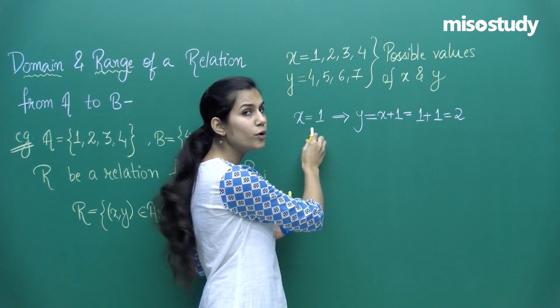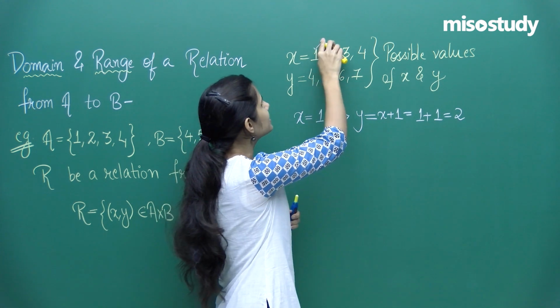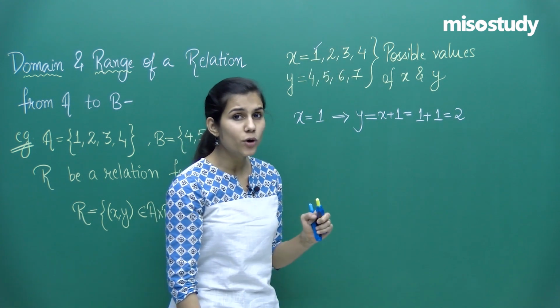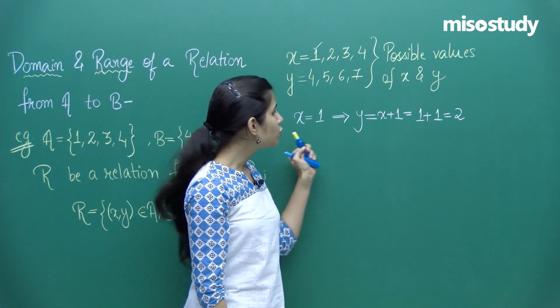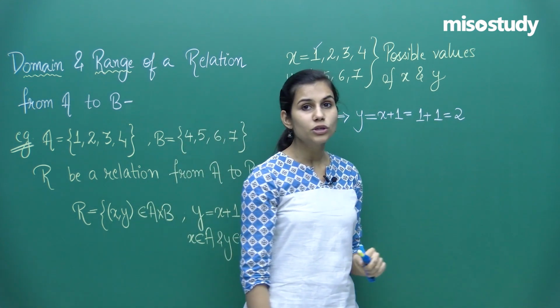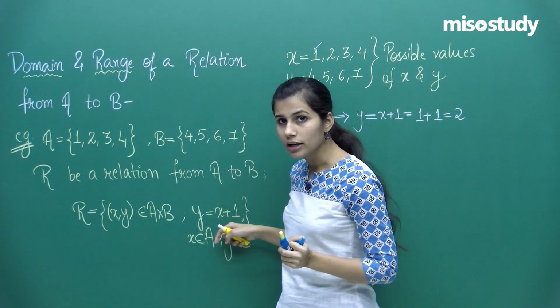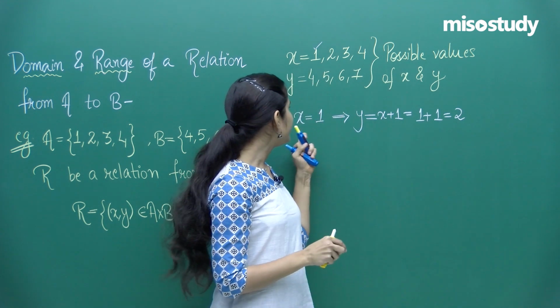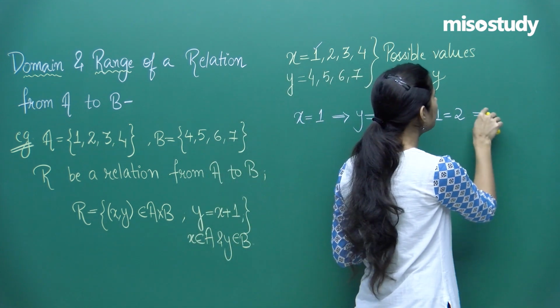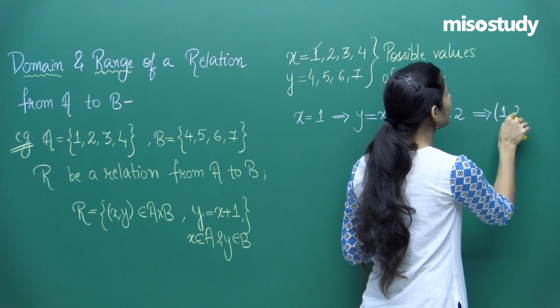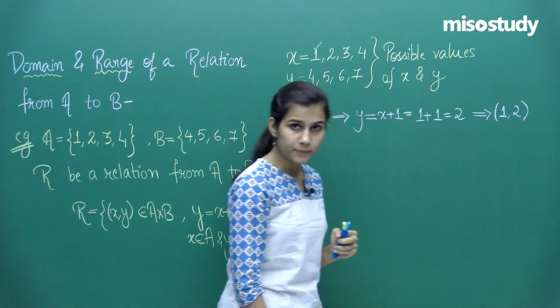This means if I put X equal to 1, which yes is the right option, there is a possibility that X can be 1. Therefore, if I put X equal to 1, I am getting Y equal to 2 by this particular rule. And therefore, with this X equal to 1, I am getting Y equal to 2, and this implies the ordered pair I am obtaining is (1, 2).